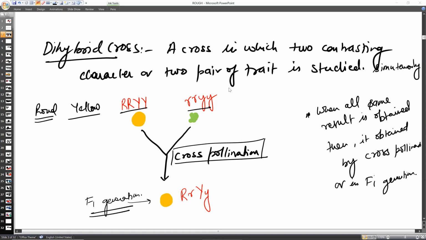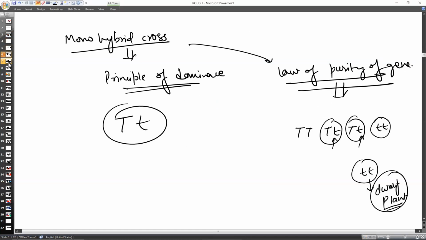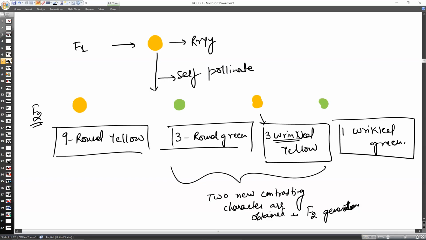Now, what happens in the dihybrid cross? When this generation is self-pollinated, let me explain what is going to happen. This is the F1 generation, which is round yellow.